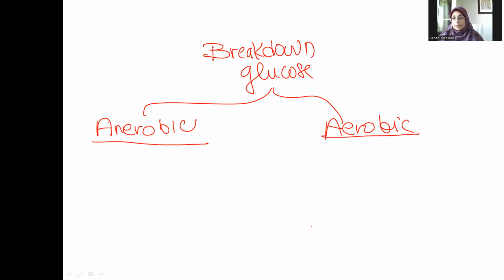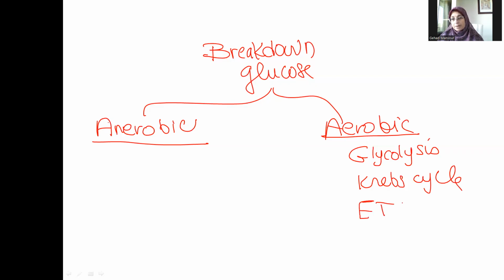In aerobic breakdown, we started by glycolysis, and then glycolysis was followed by Krebs cycle, and Krebs cycle was followed by the electron transfer chain.